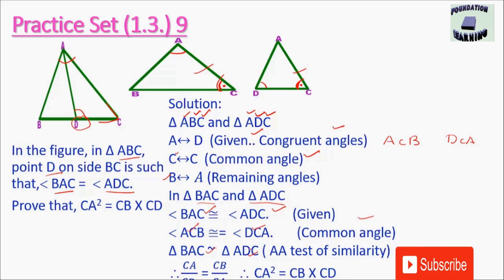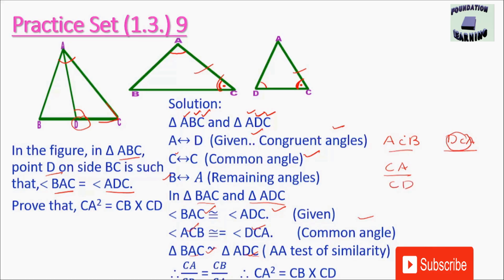Okay. Now, we can take it as triangle ACB and DCA also, or we can take it as BAC and ADC. Whichever, it means the same only. But since I have taken ACB and DCA in the previous explanation, I'll take it here again, ACB and DCA. So, what is the first one? We're taking CA over CD.